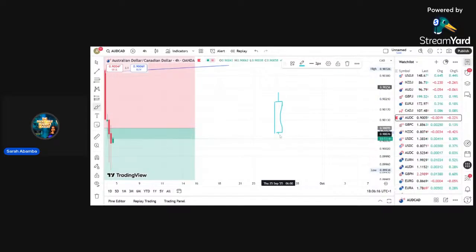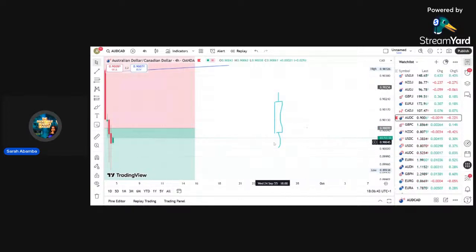This is what a candlestick basically is. We have the body, like from this place to this place is the body. Then we have the wick or the shadow. So the bottom is the lower shadow, while the top is the upper shadow. So this is the candlestick.